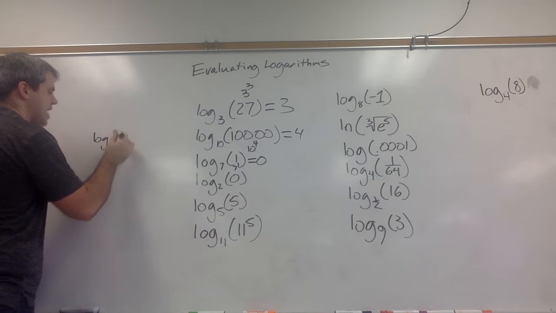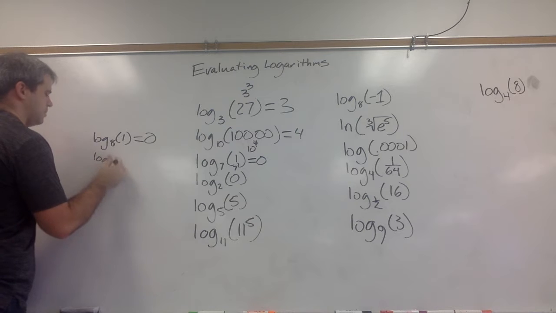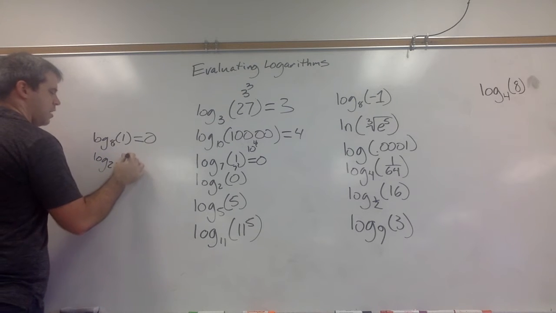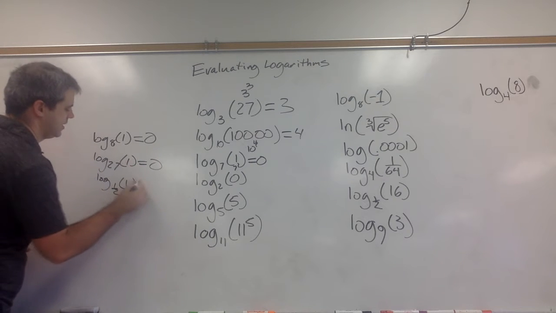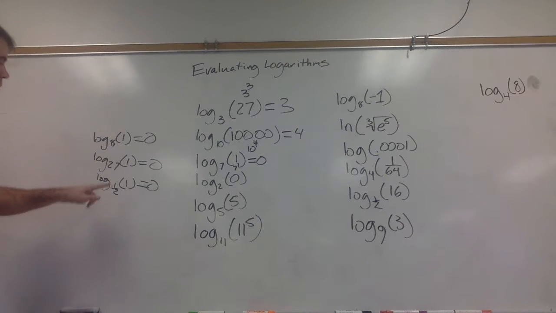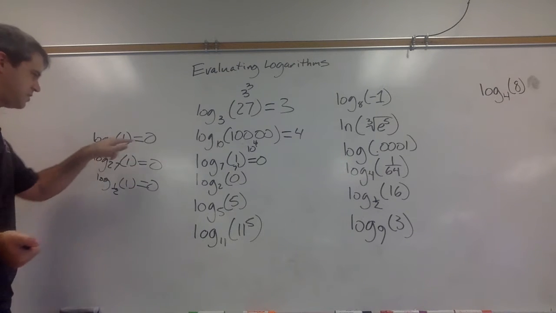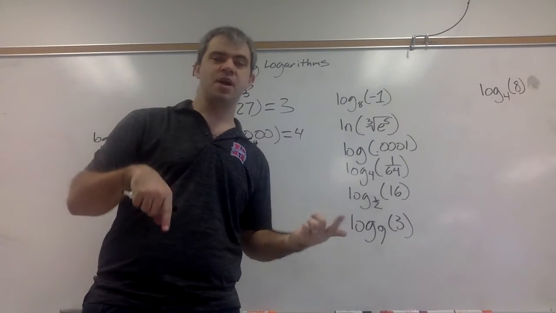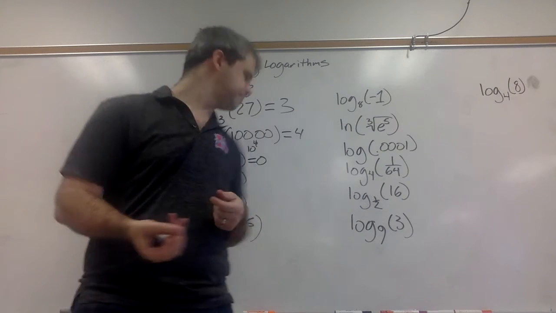Log base 8 of 1 is 0. Log base 27 of 1 equals 0. Log base 1/2 of 1 equals 0 because 1/2 to the 0 is 1. 27 to the 0 is 1. 8 to the 0 is 1. It's that 0, 1 that kept showing up when we were doing exponentials. This is just reversing that process.